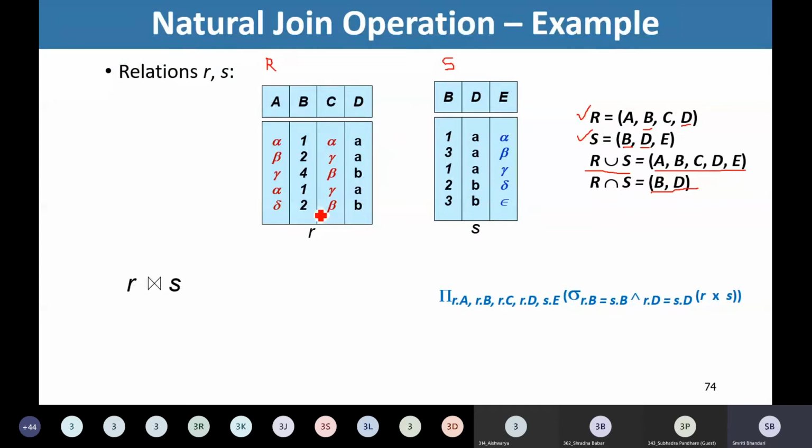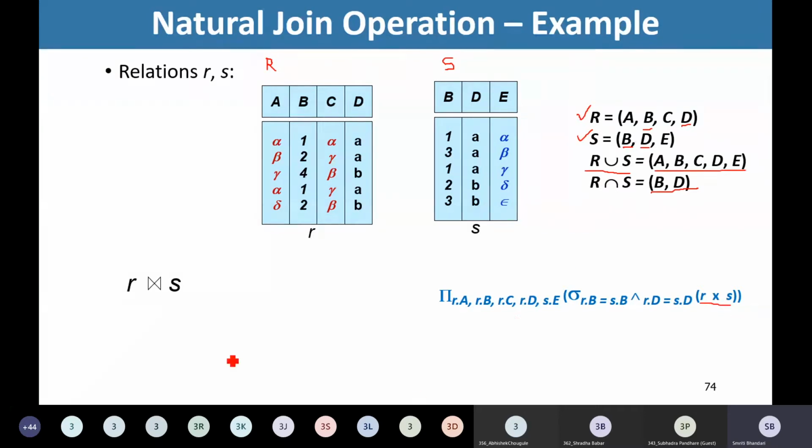So in R cross S, how many tuples will I have? In the Cartesian product of R and S, how many tuples? 25, because relation R has 5 tuples and relation S also has 5 tuples, so 5 into 5.